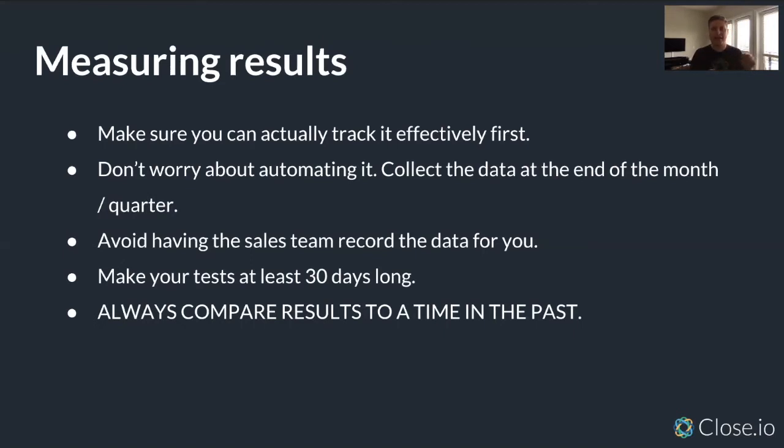And A, they either do it wrong, B, they don't do it at all, or C, you forget about it and you don't enforce it and it just becomes a huge mess. And it also conflicts with the main priority of helping your sales team close deals faster. By giving them more stuff to log in, it's going to be a mess. So the whole point is to remove friction, not introduce friction, even if you're doing experiments.